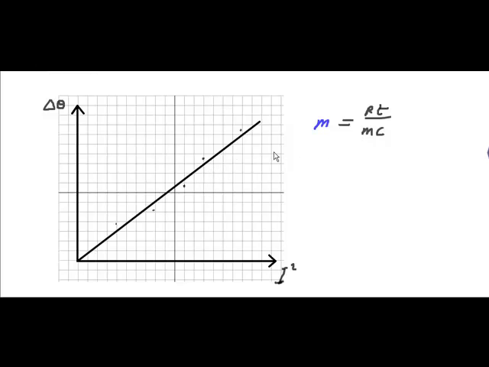And finally, you work out the slope of this line by picking 2 points on the graph. Pick a point maybe there and pick a point there, and call them x1, y1 and x2, y2. Call the top one x2, y2, and the bottom one x1, y1. And of course, the slope, which I code as blue m, is y2 minus y1 over x2 minus x1. And then you get that value, fill it into the formula, and that allows you to get any value you want here that might be missing. For example, if the mass was missing, you fill in your value of m here, and you get mass.